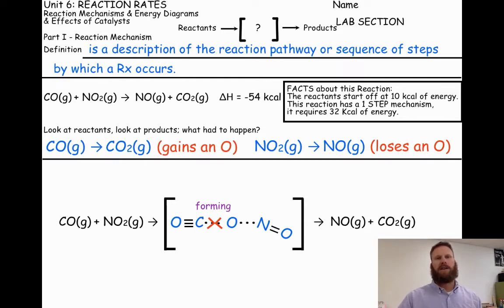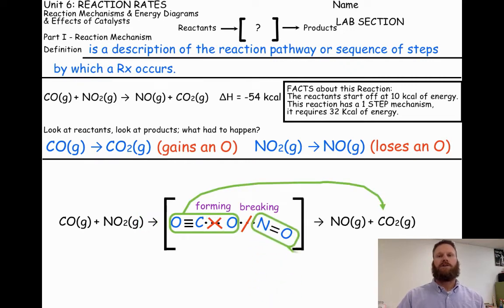NO2 will lose an oxygen to become NO, so the dashed line between nitrogen and oxygen represents a bond that will be broken. The notation for breaking a bond is a slash. Notice that the breaking and forming of these bonds results in the formation of the products, CO2 and NO.